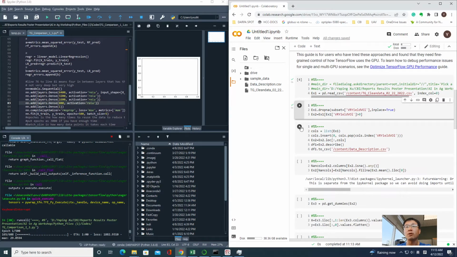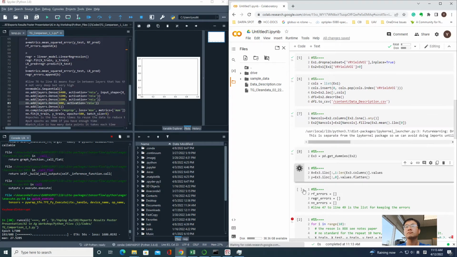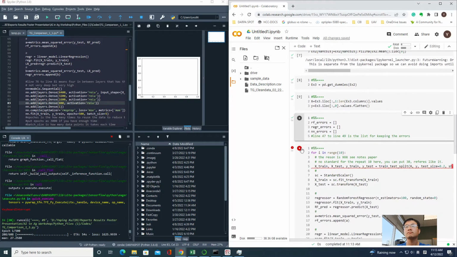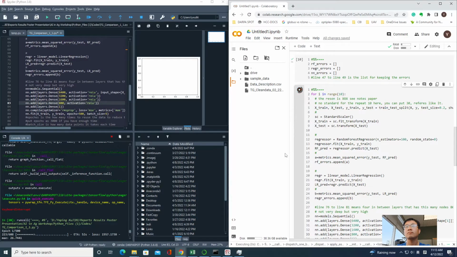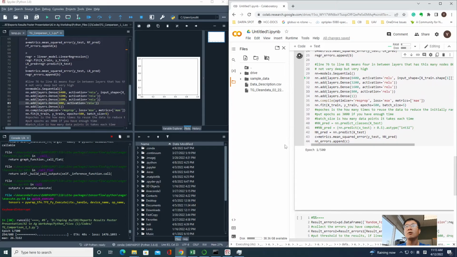Run each code block and see if it works. Okay, right hand side started. 23 milliseconds per step.